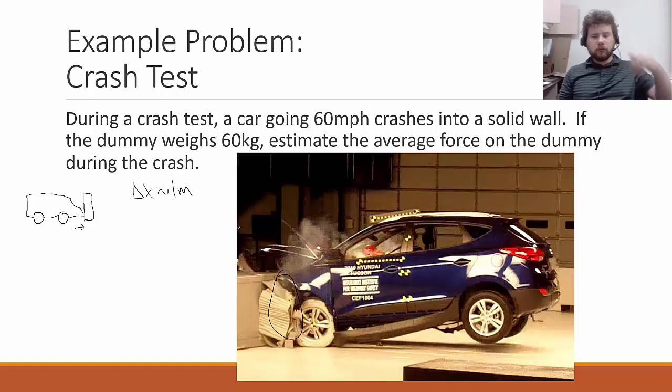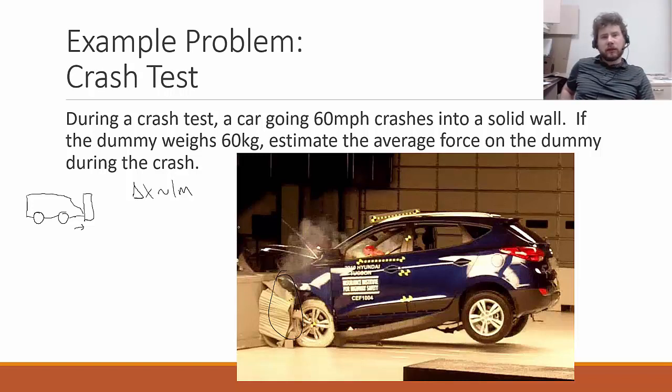Now, I'm getting 1 meter because a car is about 3 feet, or so, of crumple. That seems relatively reasonable to me for the amount that it will crumple. If this was given as more of a quiz type problem, it would be specified. This is not something you would come up with.